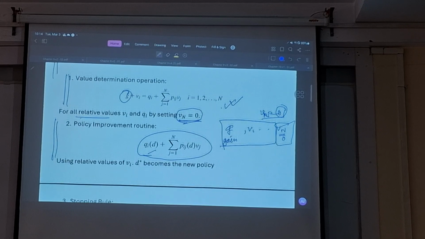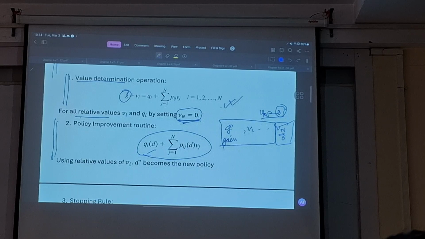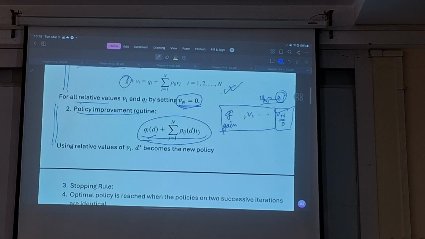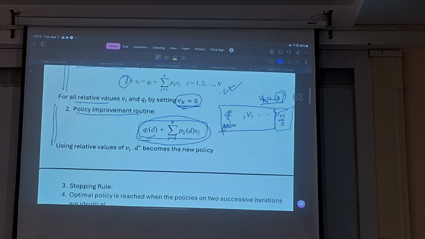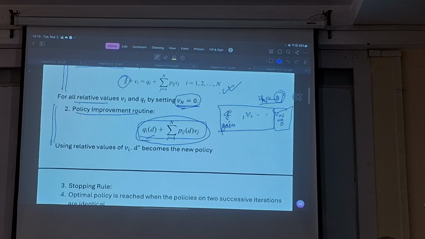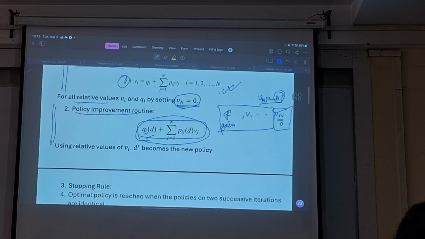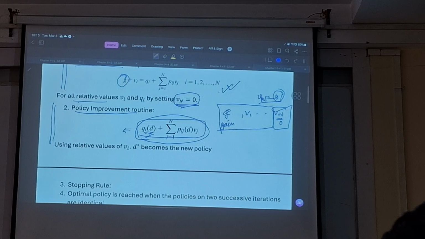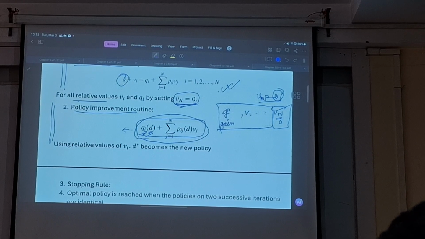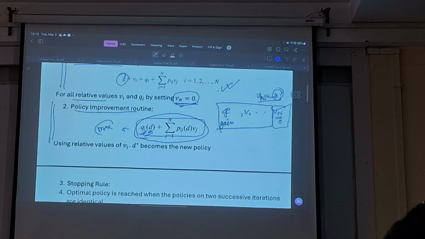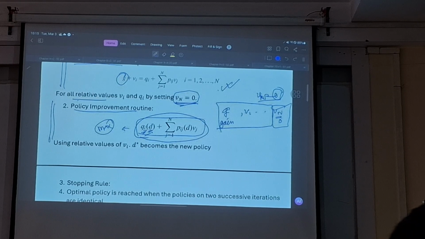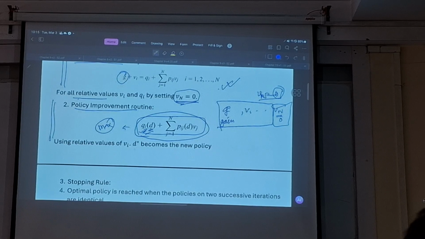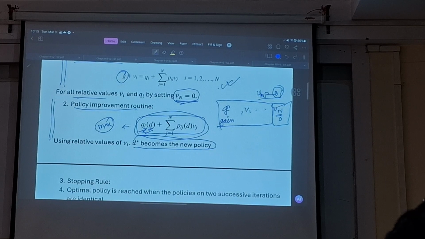The first step is called the value determination step. In the policy improvement rule, we calculate this for each state, and find for a particular state which policy is giving the maximum value. In that way we find the optimum policy for each state, and it becomes the new policy for the next step.